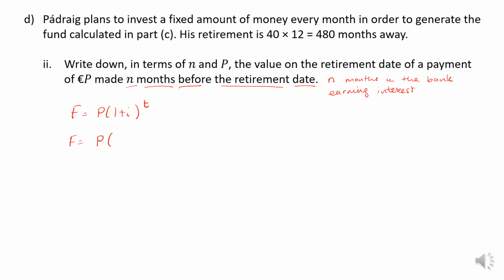We now know the monthly interest rate, 1 point, when we add it in here, 0.002466, and if it spends N months in the bank before the retirement date, it will earn N months worth of interest. Okay, so that's the answer to that part, and I have a feeling we'll use that going forward.